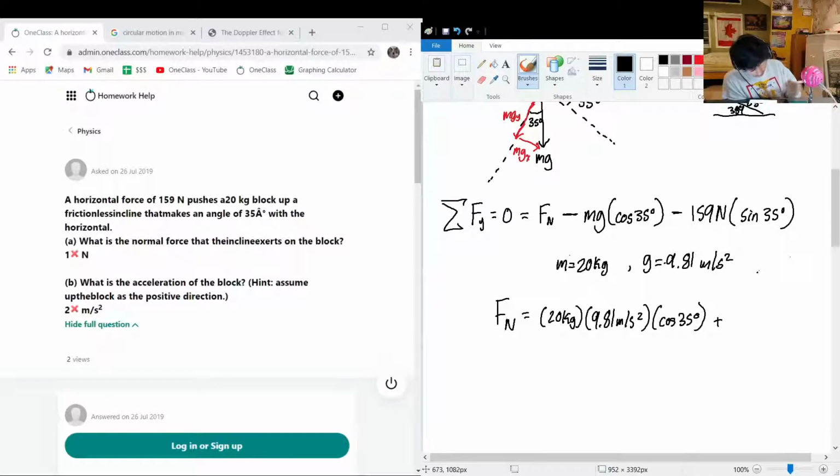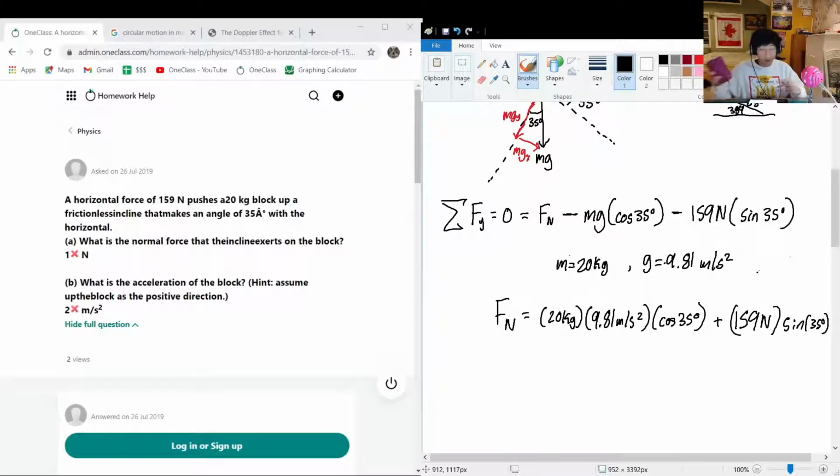And we are also going to add this term, the 159 Newton term, but when we bring it to the other side, it's going to be positive. And I'm a positive guy, so let's put that in there. So we have 159 newtons multiplied by sine 35 degrees.